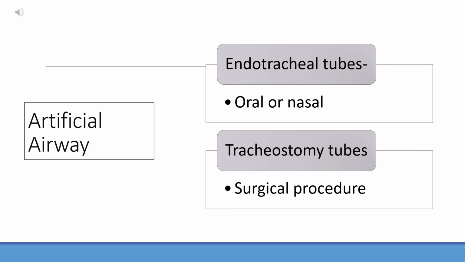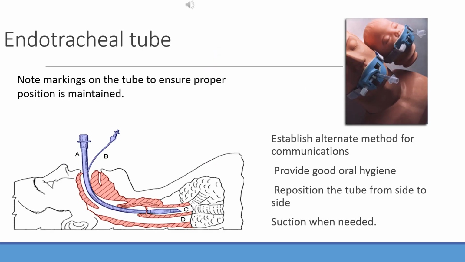Remember that endotracheal tubes are short-term, whereas tracheostomy tubes are used if an artificial airway is needed for longer than 10 to 14 days. It's performed for long-term use to prevent the vocal cord damage that an endotracheal tube could cause.